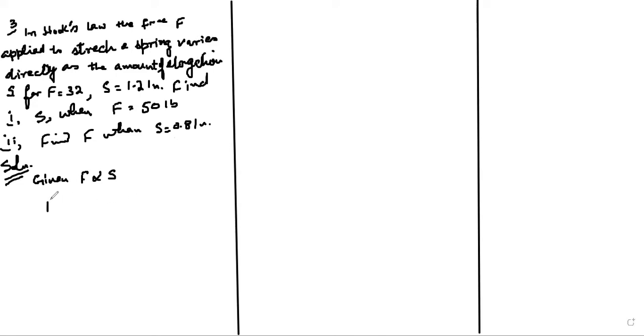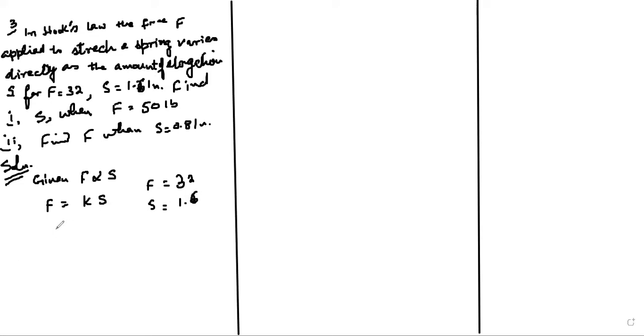It means that F is equals to K times S. And the given data is F equals to 32 for S equals to 1.6 rather, okay.